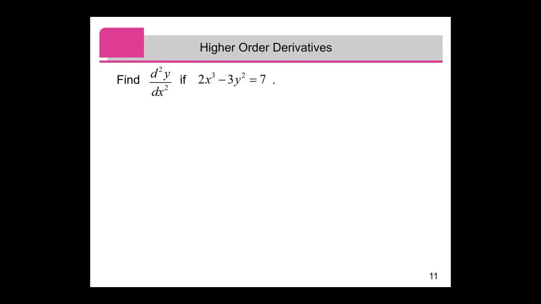Let's do it. So the first thing if we want to find the second derivative of this function, what do we have to do first? Hold on, I'm erasing stuff. Okay. Now, when we want to do higher order derivatives, I think it's easier to use primes. So we want to really find y double prime.